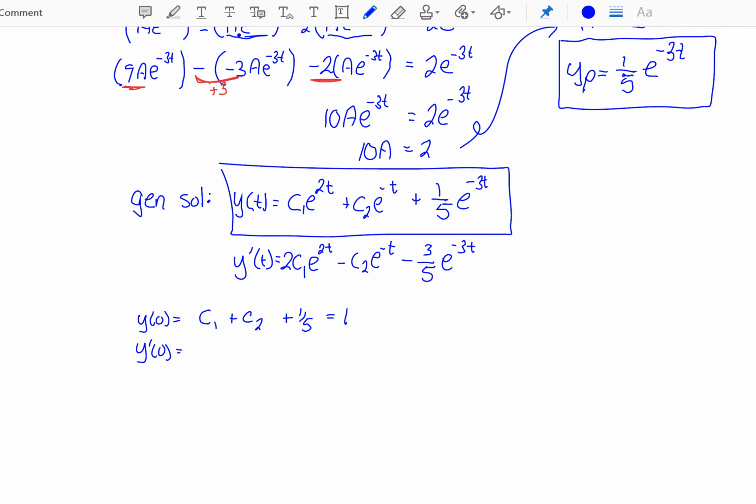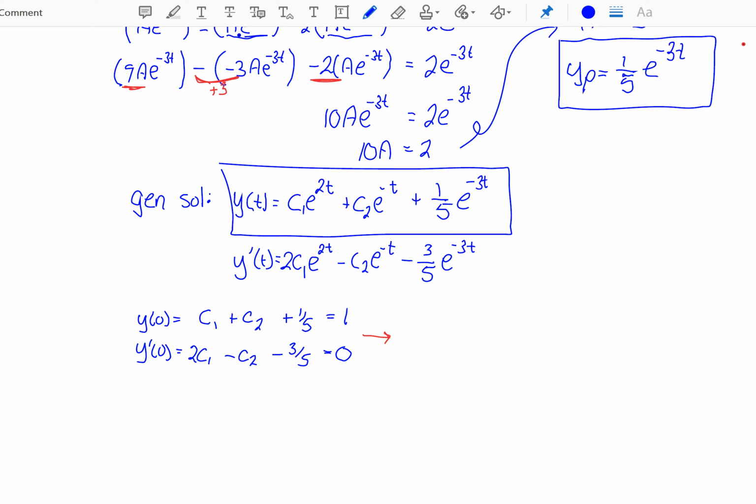When you evaluate your derivative, we should have 2c1 minus c2 minus 3/5. And from our initial conditions, we know this has to be 0. This gives us a system of two equations with two unknowns.